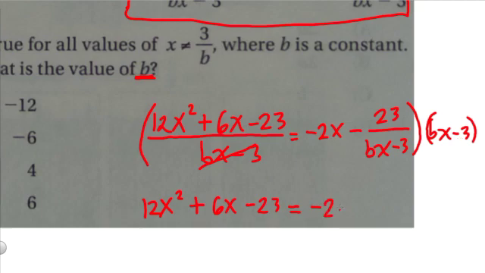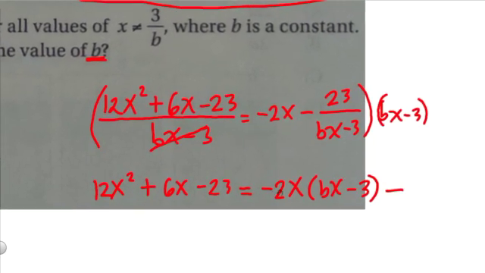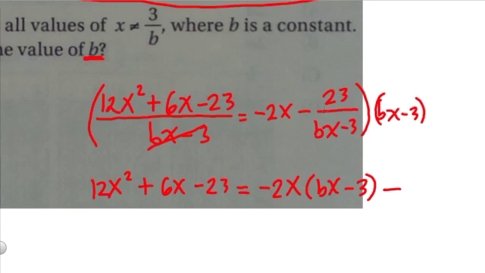So we have negative 2x multiplied by bx minus 3, minus 23 over bx minus 3 multiplied by bx minus 3 as well. When we multiply, the bx minus 3 in the denominator is cancelled out, and we're left with 23.